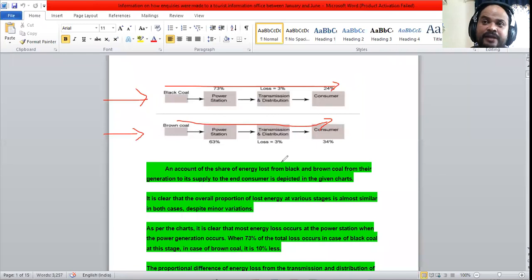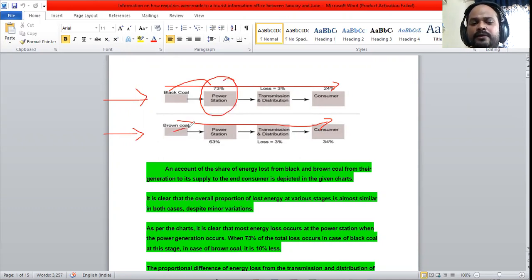But when you do that, your word count will be increasing. You need to repeat what you have said before. So I don't recommend that case. I recommend a case like this. When it reaches the power station, this is the energy loss here.